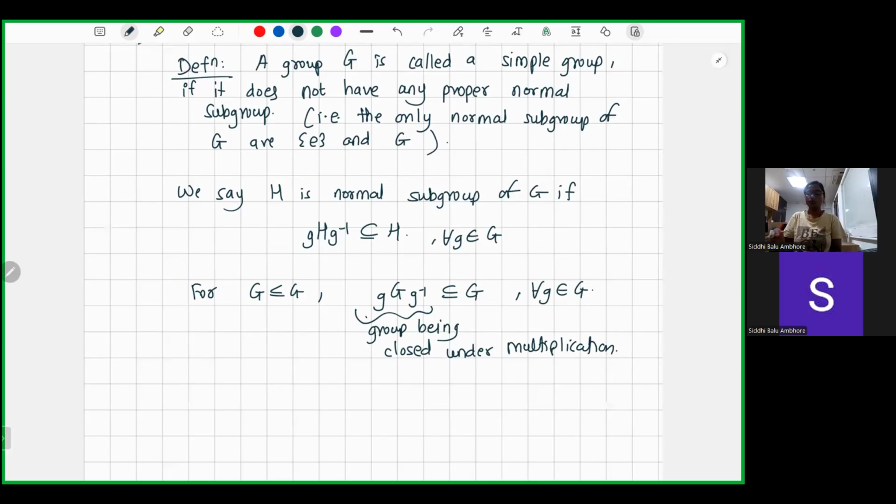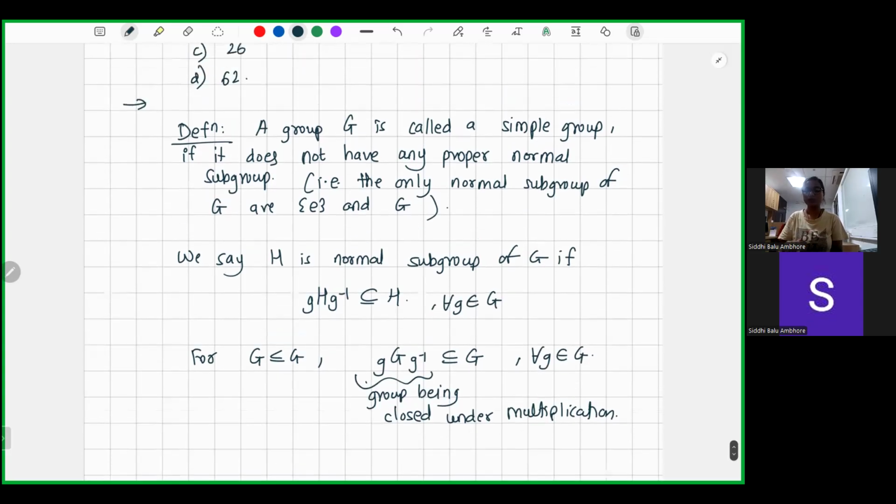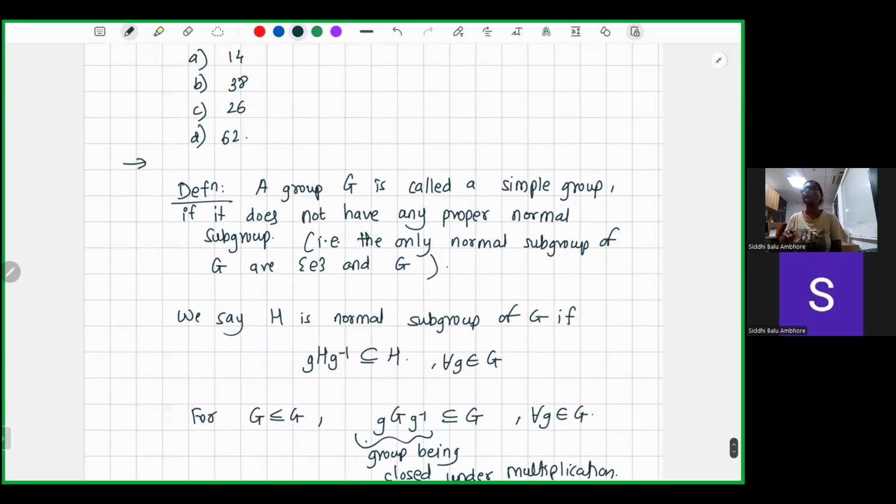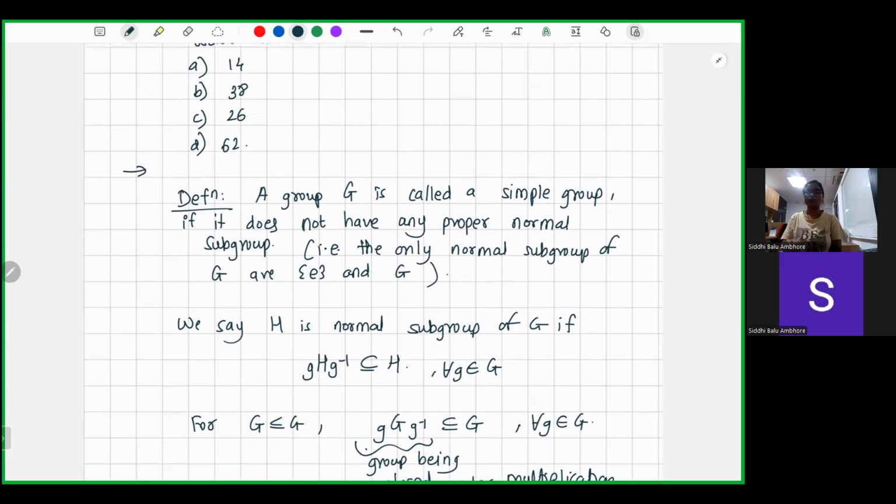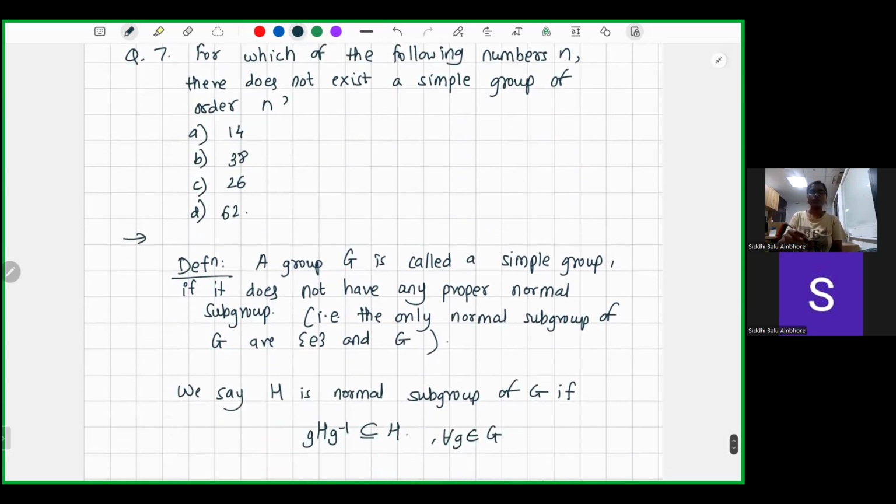So we do not need G to be an abelian group in order to consider G itself as a normal subgroup.